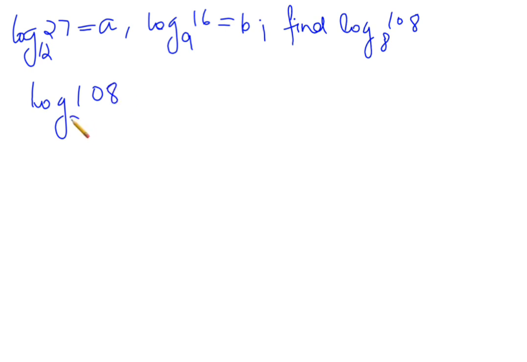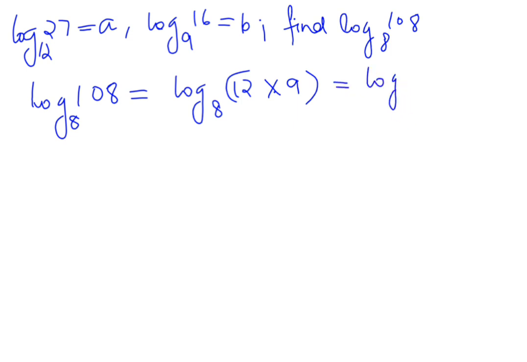to the base 8 can be written as log of 12 multiplied by 9 to the base 8, which can be further written as log of 12 plus log of 9, and everything is still to the base 8.